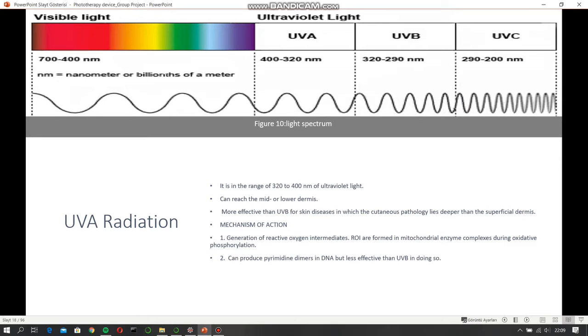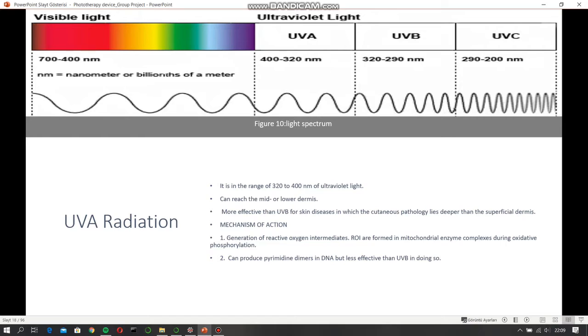And the ultraviolet A radiation, it is the range 320 to 400 nanometers of ultraviolet light. It can reach the mid or lower dermis, more effective than ultraviolet B for the skin diseases in which cutaneous pathology lies deeper than the superficial dermis. The mechanism of action is that first reactive oxygen intermediates, ROI, are formed.